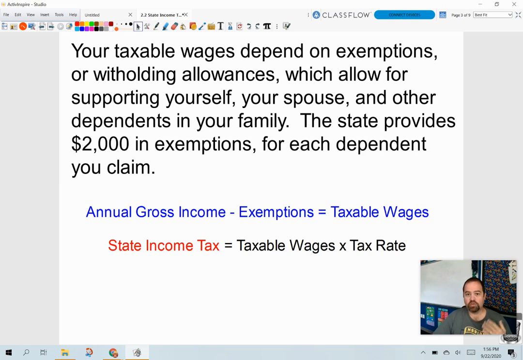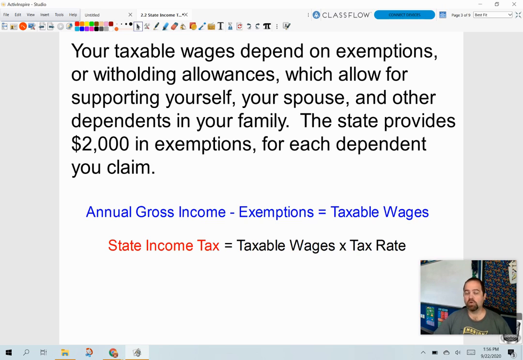So I can claim up to 5 allowances on my taxes, which basically reduces my income, or at least what the state will tax of my income, for each of those allowances. So the way they do this is they start with your full annual salary, and they subtract so many dollars per allowance. So I'm going to focus on Illinois again. They're going to subtract $2,000 for every one of those allowances.